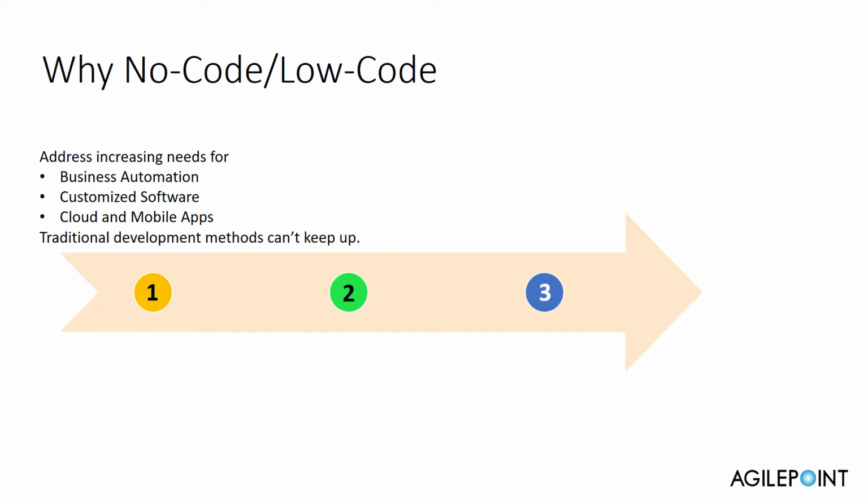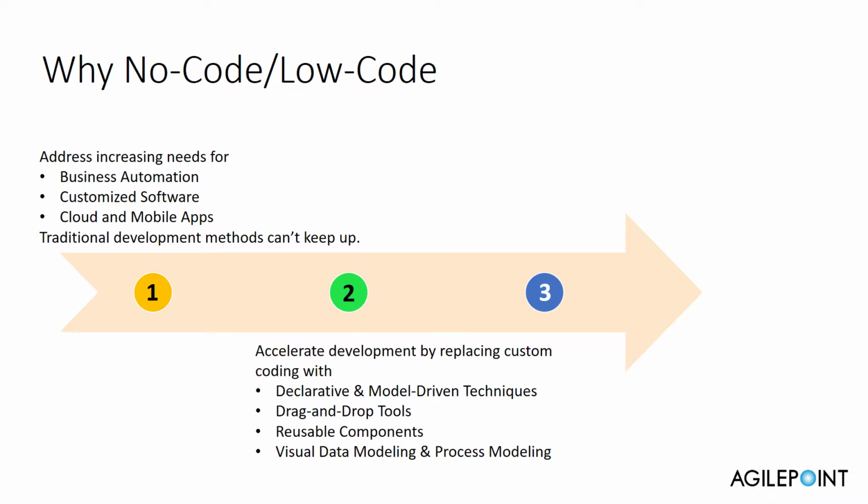We need to customize the software that we're using. And with the advent of cloud and mobile applications, that really further compounds the problem. And the fact of the matter is, using traditional hand coding techniques, most customers simply can't keep up with the volume of software that they must create.